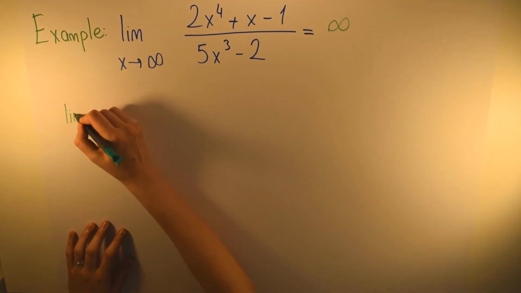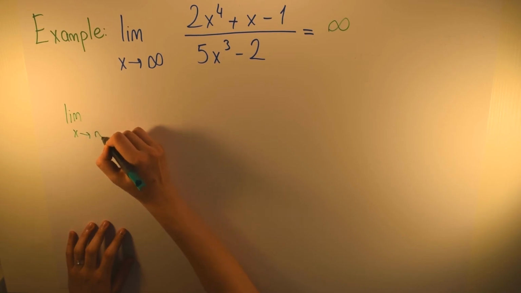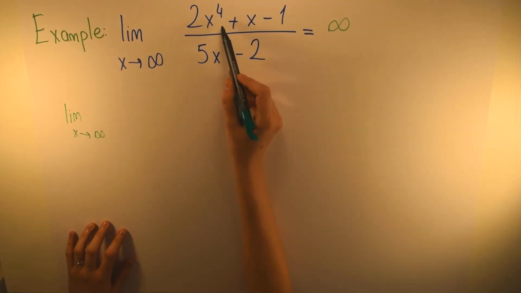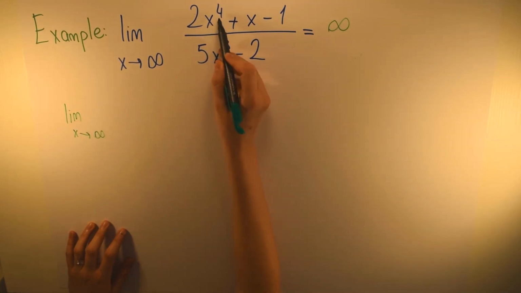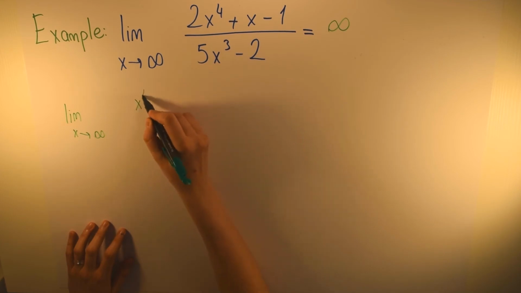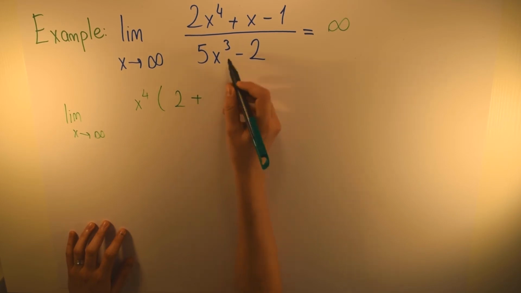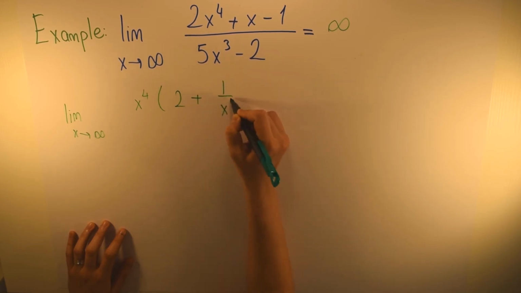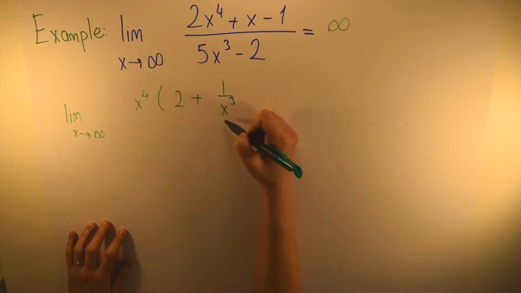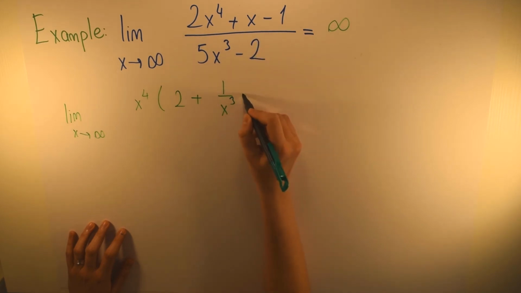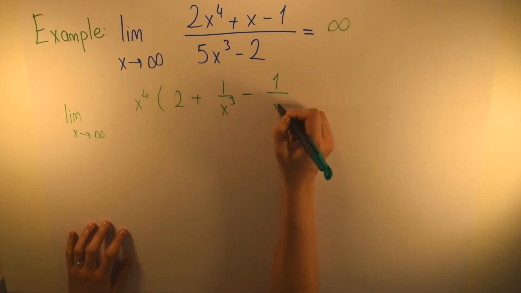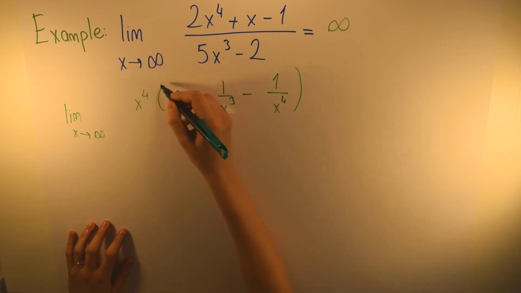So the limit as x approaches infinity: we take the highest degree, x to the power of 4, so x to the power of 4 times the parenthesis of (2 plus 1 over x to the power of 3), right? Because when I multiply these two, I will get x minus 1 over x to the power of 4.